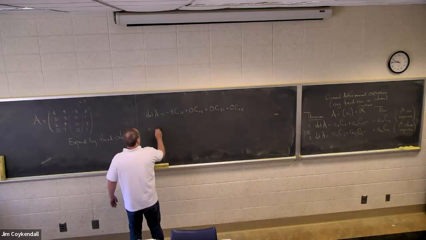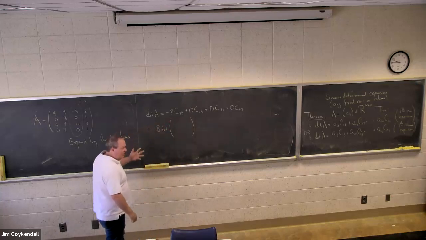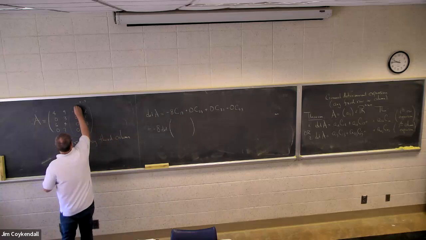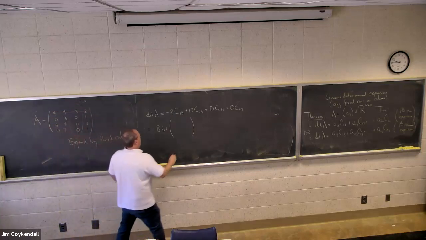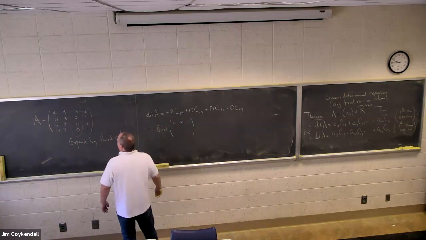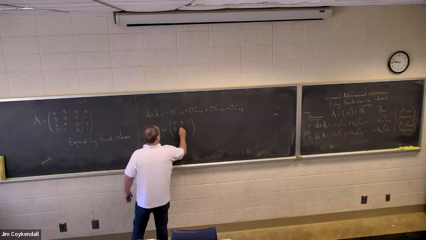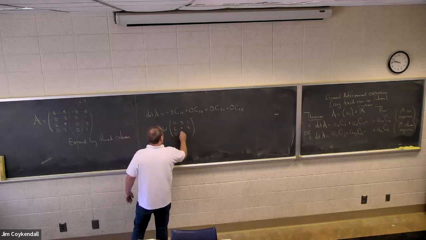It now comes out to -8 times the determinant of this 3x3 matrix, since everything else is dead. I'll write this out. So that's 0 3 1, 6 4 3, 0 7 1.